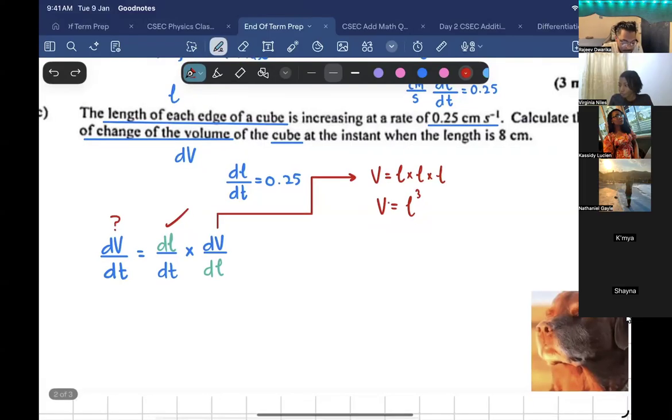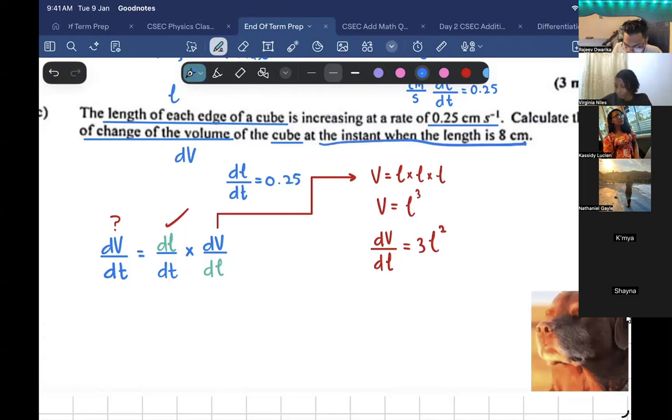You're going to differentiate V with respect to L. What would that be? 3L to the power 2. Right. And if you read the question further along, they said at the instant when the length is 8. So what am I going to plug in for L? 8.